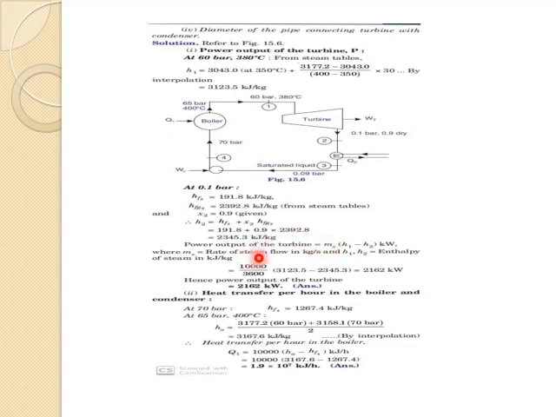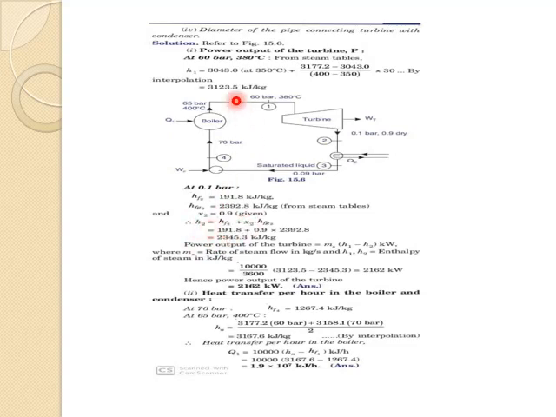So here we have to know the values of H1 and H2. For H1, the condition of steam at point 1 is given, so at this condition I need to find the enthalpy using the steam table, which I have calculated here. Similarly, at point 2, which is at pressure 0.1 bar, I need to calculate the enthalpy, which is H2.